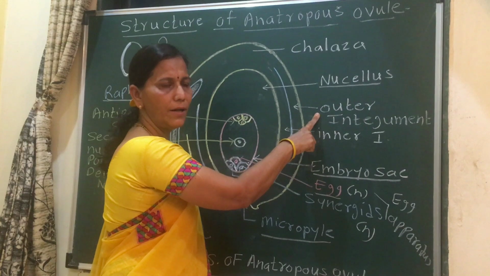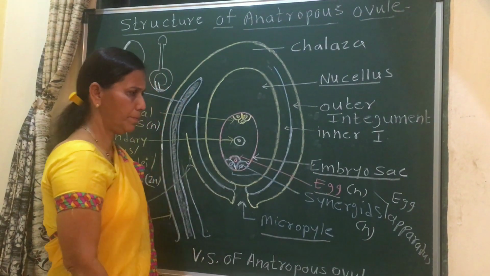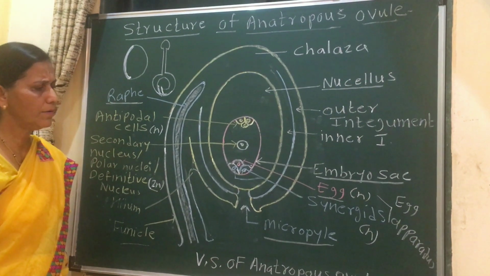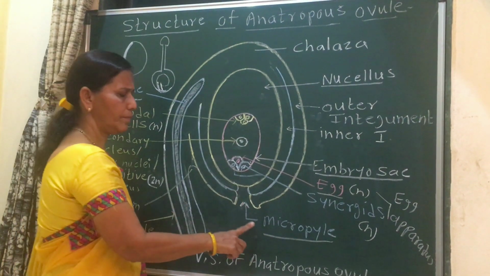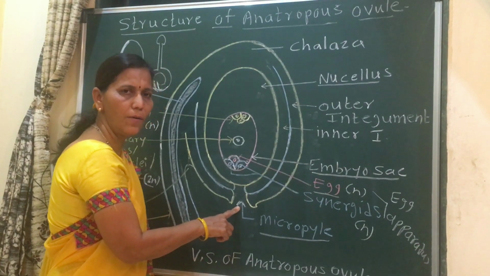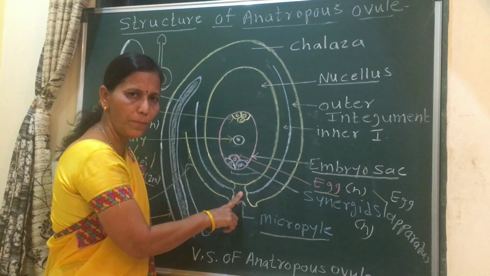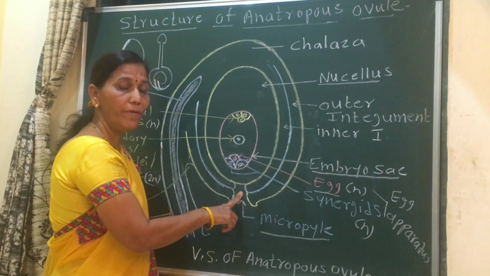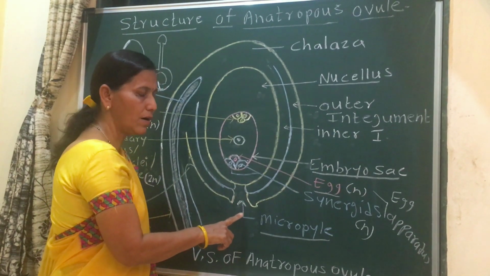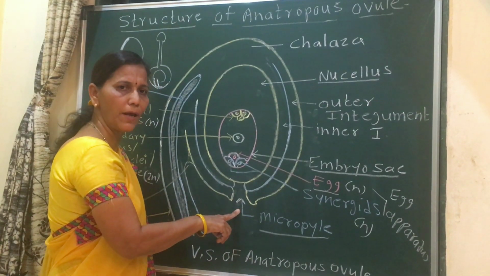Remember, outer integument forms the testa, inner forms the tegmen. Then micropyle. This is the aperture for entry of the pollen tube. Then when seed germination occurs, water enters into the seed through this micropyle.